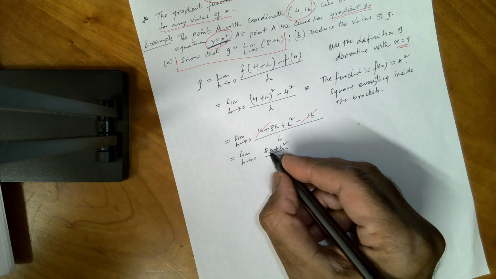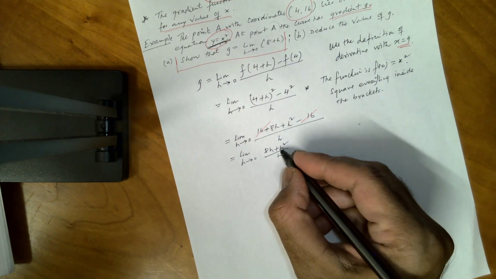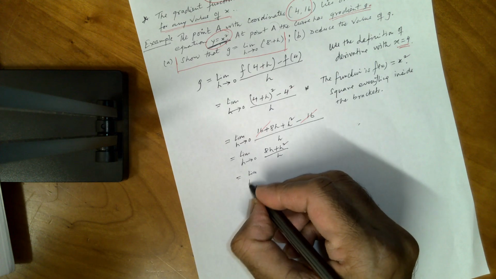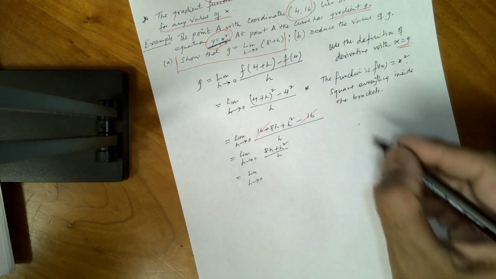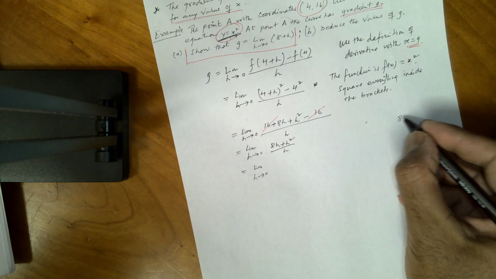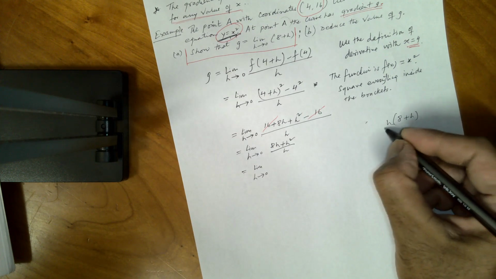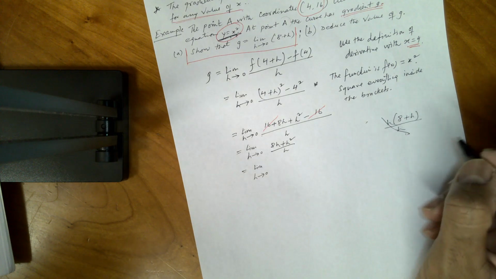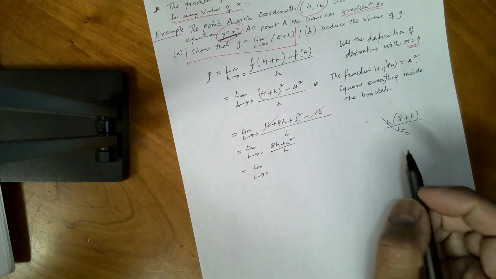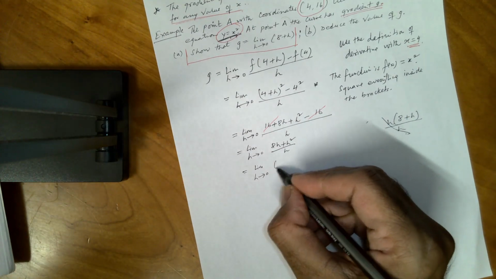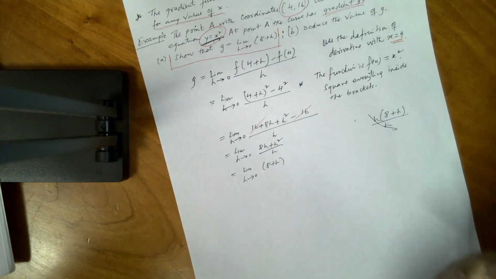Take h and h from here, and that will cancel out, and then it will give you 8 plus h.